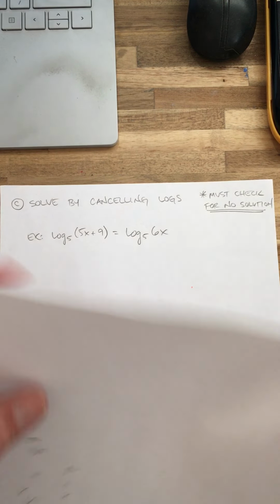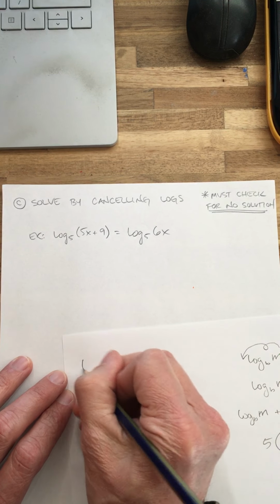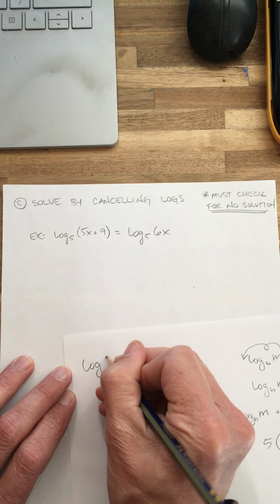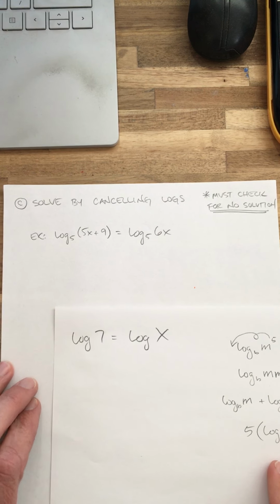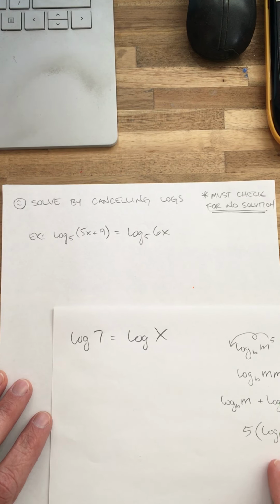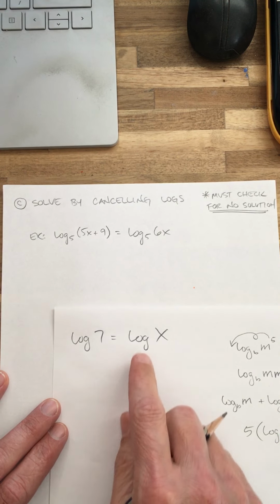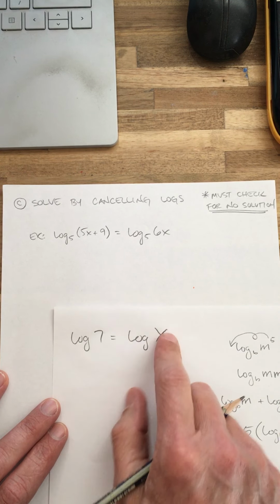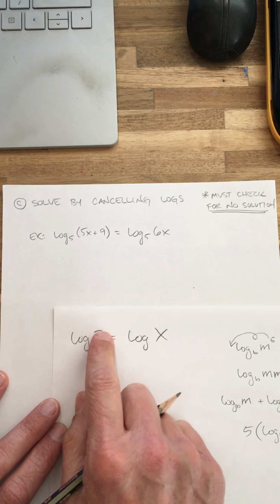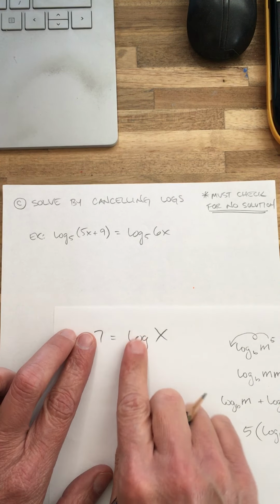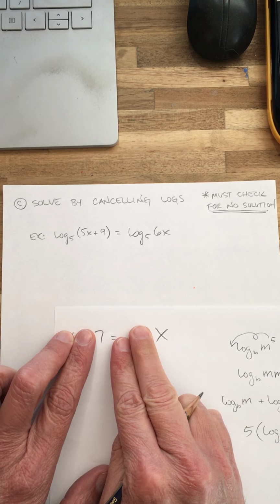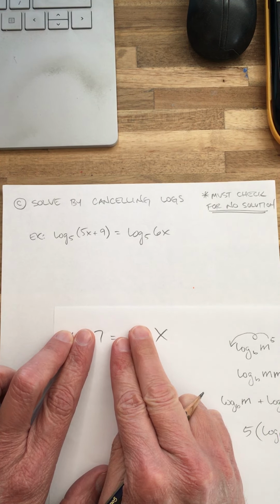If I have the log of 7 equals the log of x, can you tell me what x equals? Of course. The only thing that makes sense here is 7, right? The log of 7 equals the log of 7. So you don't even need to look at the logs. You just cancel the logs out. You get 7 equals x.